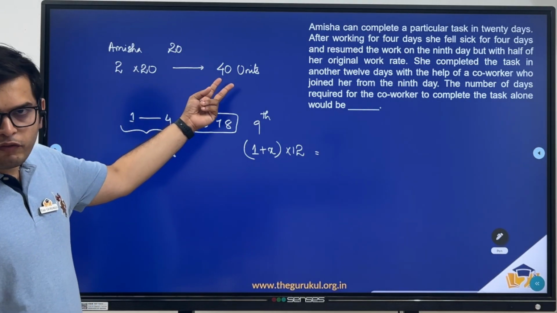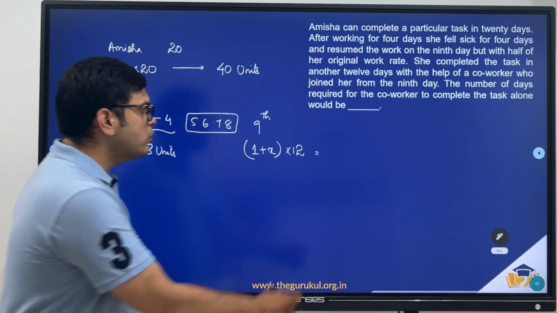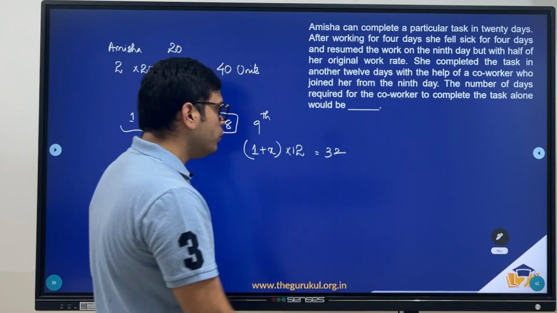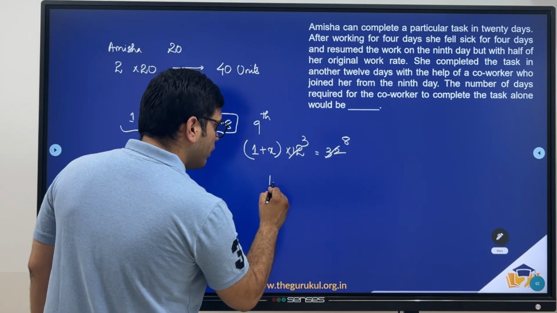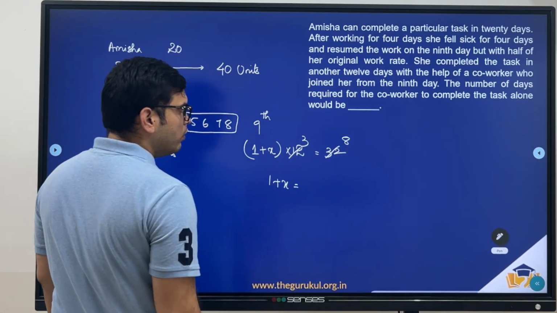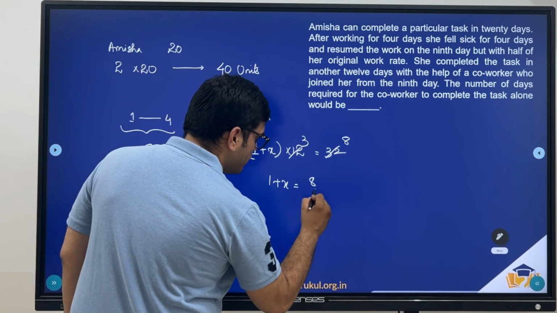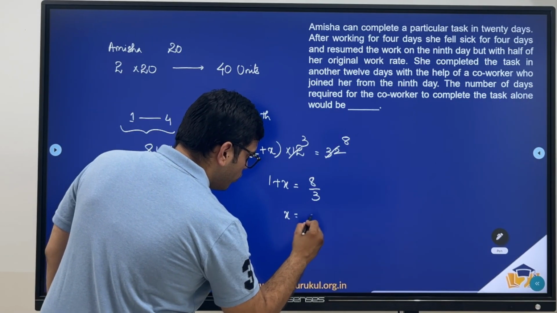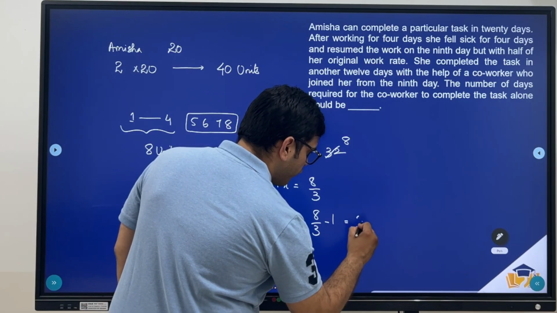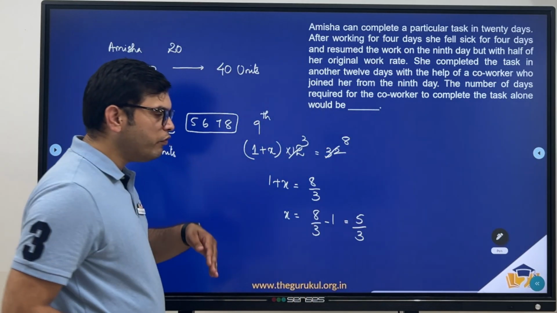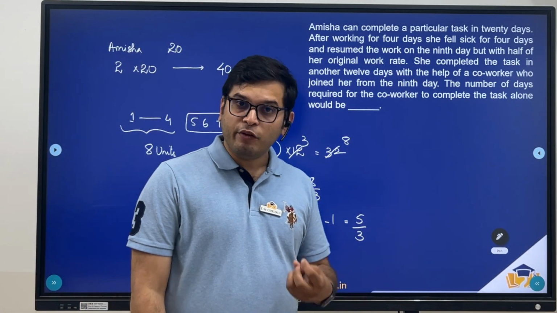Total work is 40 units. She had completed 8, so this should be 32. So 4 3s are 12, 4 8s are 32. So 1 plus X is equal to 8 by 3, or X is equal to 8 by 3 minus 1, which is nothing but 5 by 3. So the efficiency of the helper was 5 by 3 units per day.